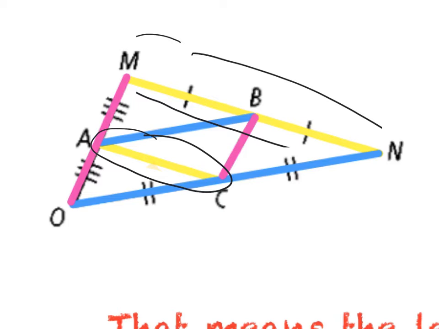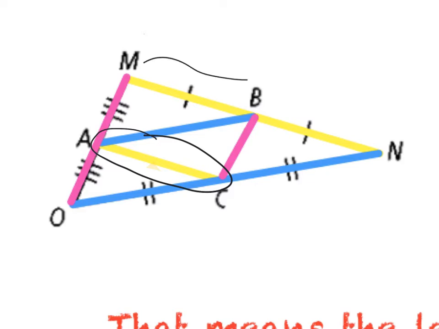So let's pretend that the length of MN would be 20. Well, since we know the midsegment is half of the length of MN, that would make AC 10.